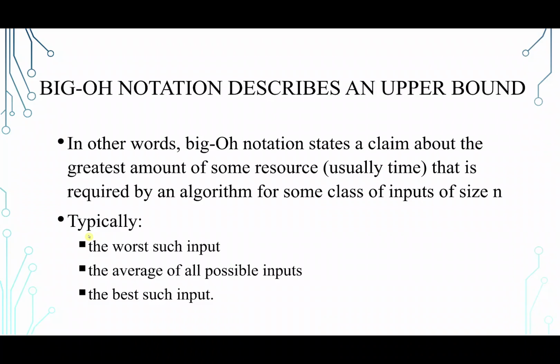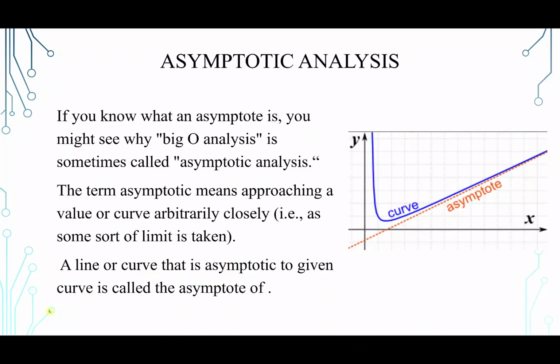Typically, we are talking about the worst such input, the average of all possible inputs, or the best such input. So if you know what an asymptote is, you might see why Big O analysis is sometimes called asymptotic analysis.